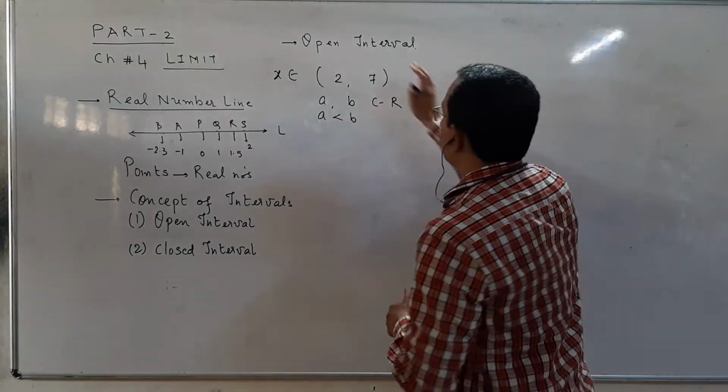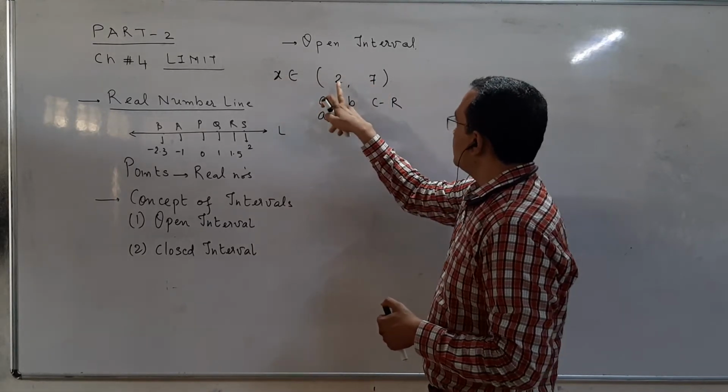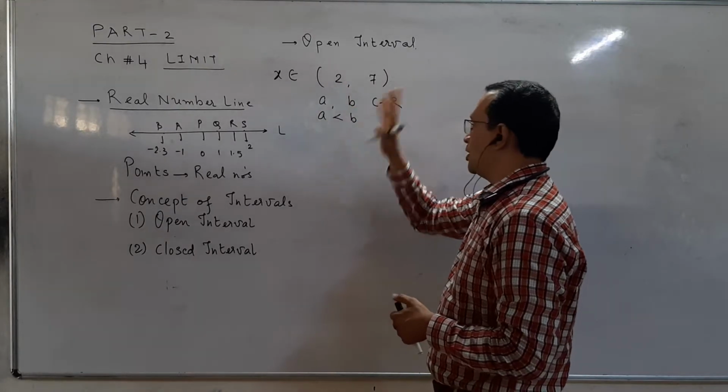So here, if I write x belongs to open interval 2 comma 7, x can be any real number between 2 and 7, but not 2 and not 7.